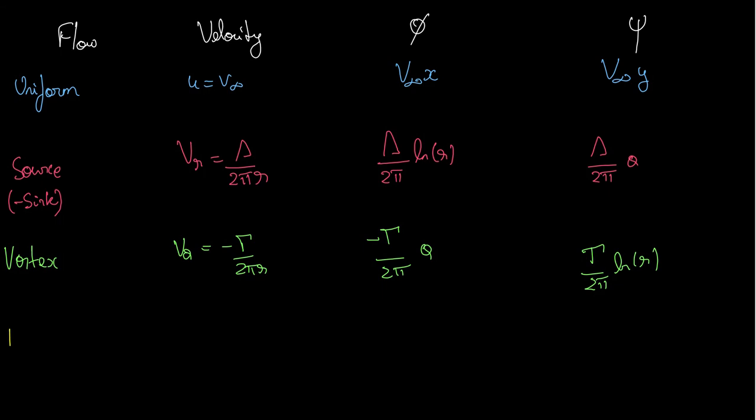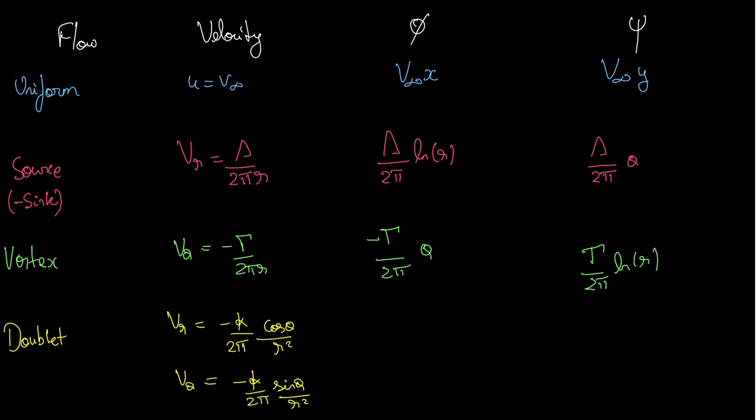And last we have the doublet. The order is not chronological, but we have our v_r to be minus κ, which is the doublet strength, κ/(2π) times cos θ over r squared, and we have our v_θ to be minus κ/(2π) times sin θ over r squared.